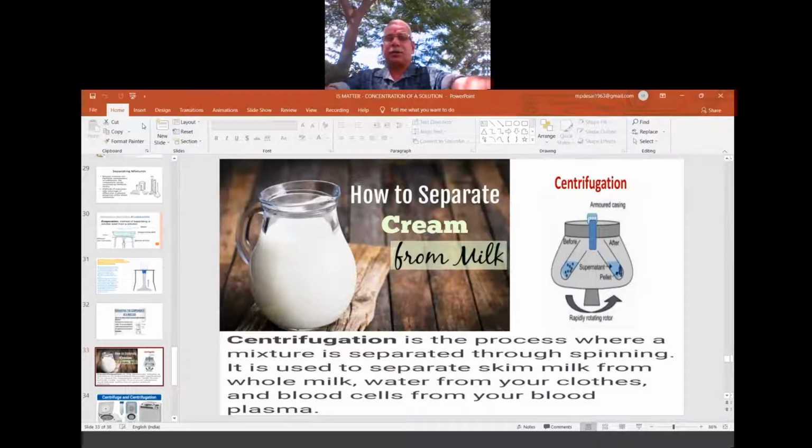So here also, how to separate cream from the milk: at home we do it at the domestic level, but when you go to the industry, we have to separate on a large scale. Milk dairies are there, no? In the milk dairies, before selling into the market in the form of packets, they take out the fat content from the milk, because some people don't like fat.